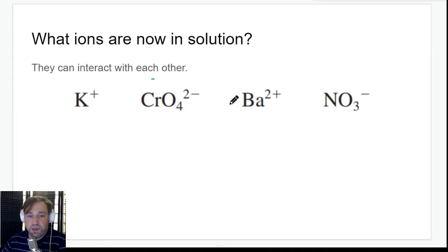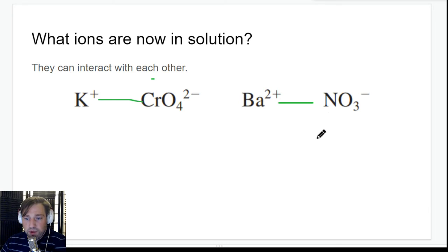So when we pour these together, all of these ions are going to start mixing up now. Before, the potassium and the chromate could only interact with one another. The barium and the nitrate could only interact. Now all of these can interact. So what could happen? What are some possible pairings that we could have here? Well, we could have the potassium go back with the chromate. That could be a thing.